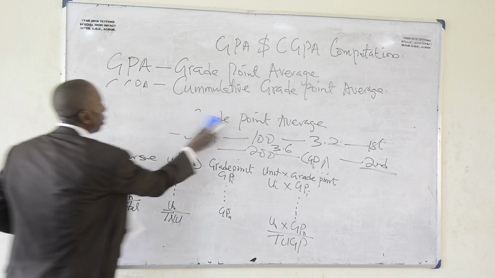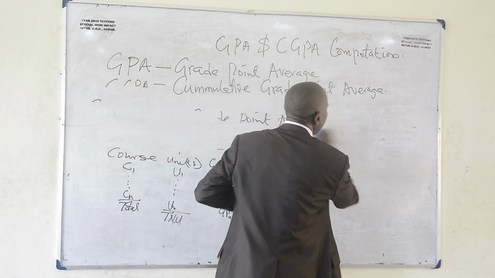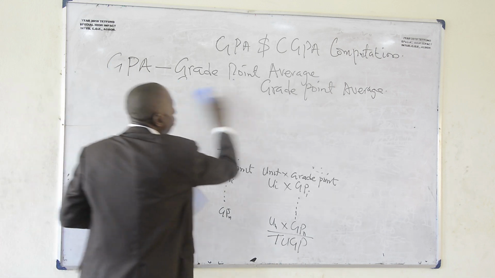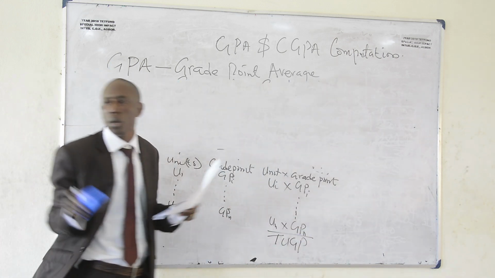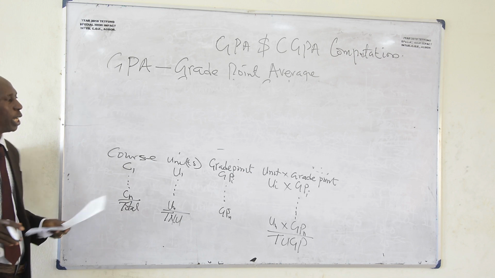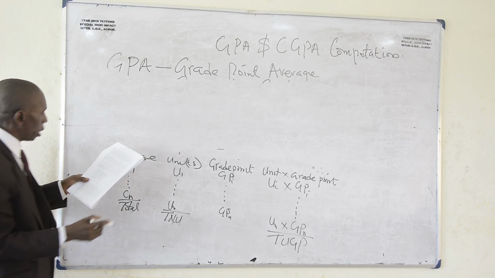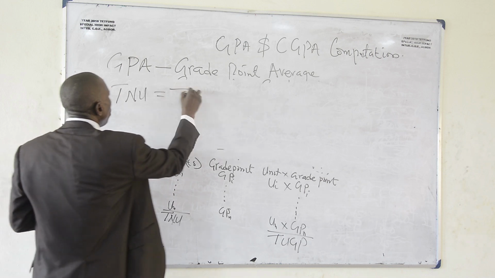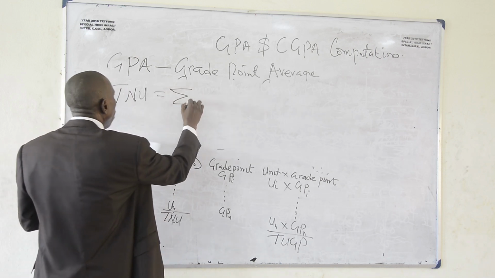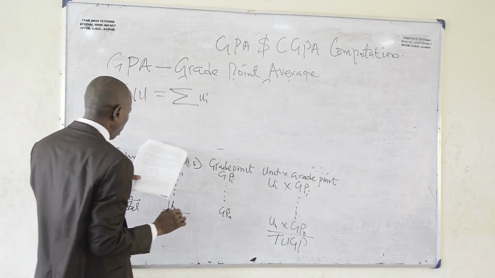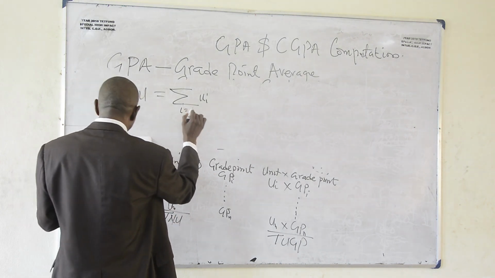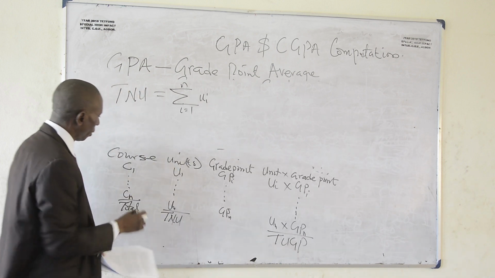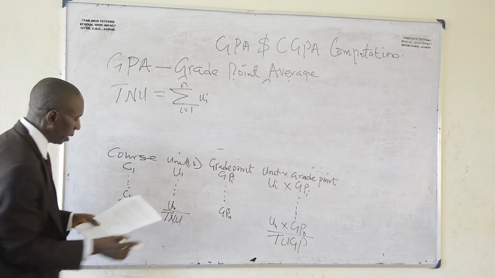So with this table, you can conveniently at any given time calculate your GPA and your cumulative GPA, because your total load units is equal to the summation of Ui from i equals 1 to n.